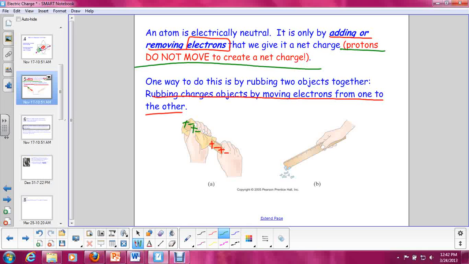So let's say the electrons are moved from the ruler to the cloth. That means we get left with overall positive charge on the ruler. The protons didn't move from the cloth to the ruler to make this positive charge. The protons stayed where they were. It's the electrons that left that made this overall positive charge. So the electrons moved from the ruler to the cloth, leaving us with an overall positive charge.